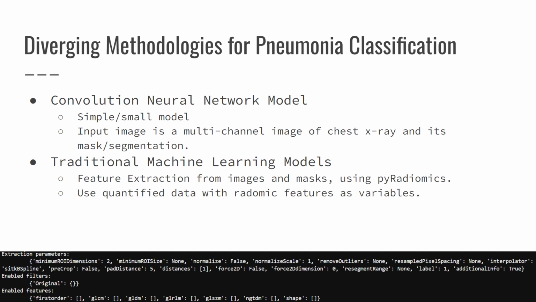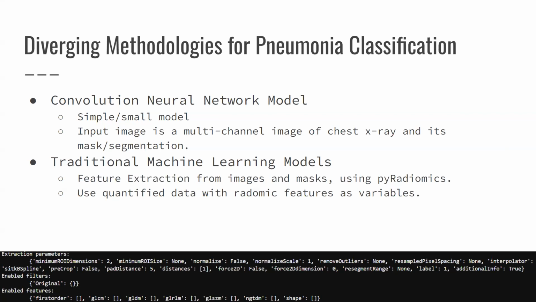Now, I also decided to take these images and extract the features into quantified values through PyRadiomics. You can see on the bottom there the actual features I decided to calculate manually.